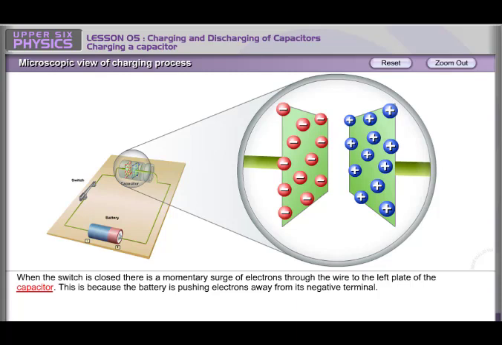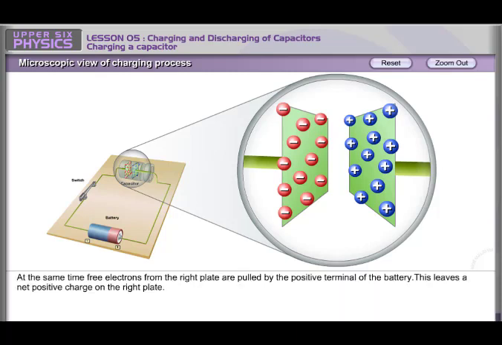This is because the battery is pushing electrons away from its negative terminal. At the same time, free electrons from the right plate are pulled by the positive terminal of the battery. This leaves a net positive charge on the right plate.